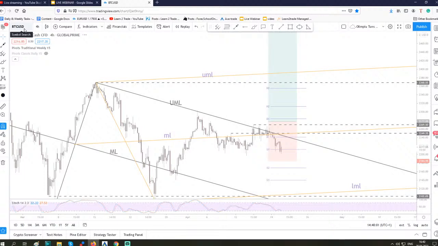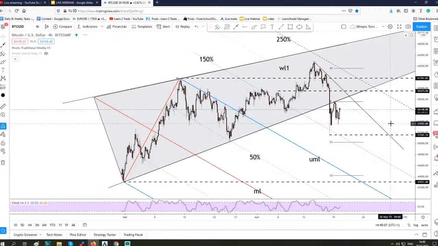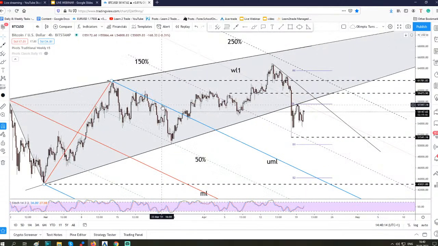Okay, guys, so Bitcoin, the price action has developed here a rising wedge, a potential reversal pattern. It has failed to stabilize right above the former all-time high.